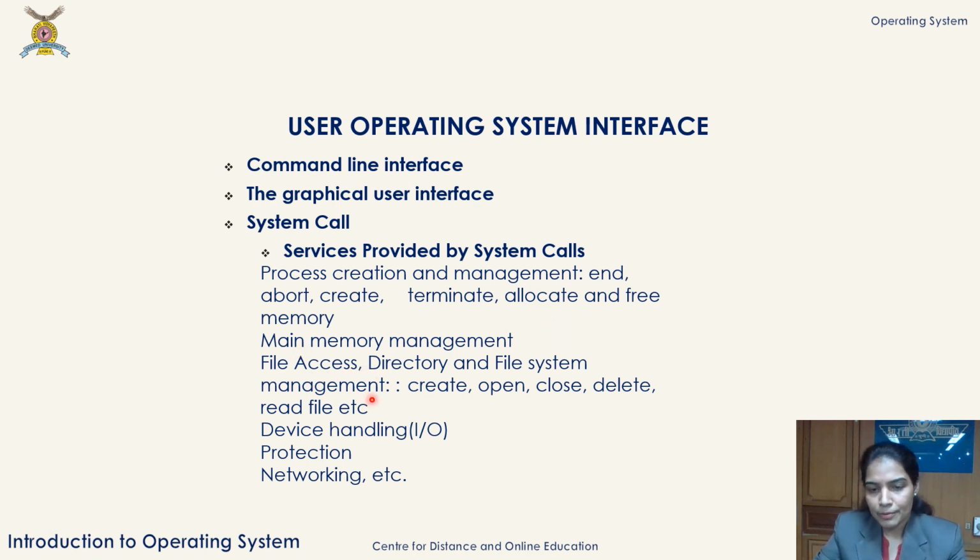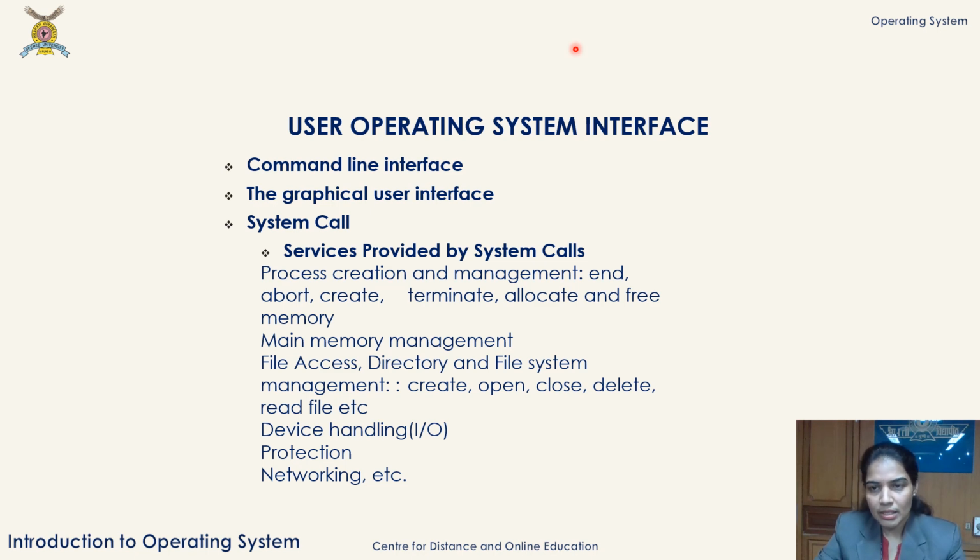System calls are provided for accessing files, directories and file system management. The calls are like create, open, close and delete, as well as reading of a file. The OS provides system calls for device handling, input output devices handling. It provides system calls for the protection mechanism as well as for the networking mechanism.